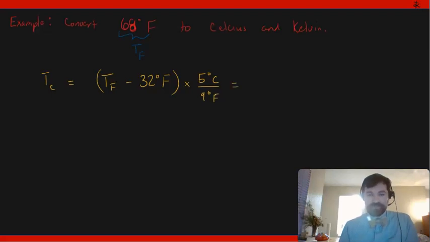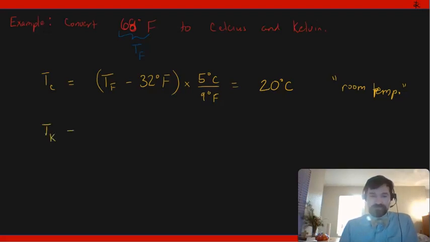Okay, so 68 minus 32 is 36. That divided by 9 is 4. That times 5 is 20. So this is 20 degrees C. This is what's sometimes called room temperature, by the way. And this is kind of when we say we expect something at room temperature, we expect 20 degrees C.